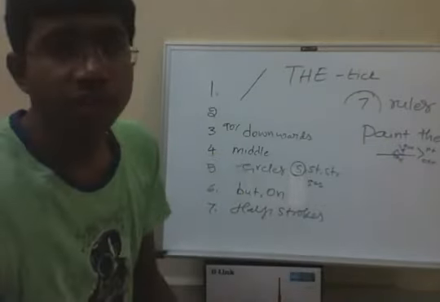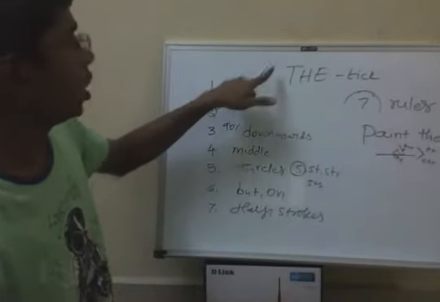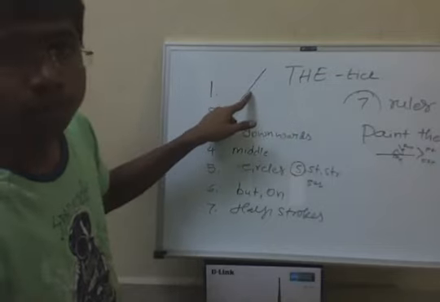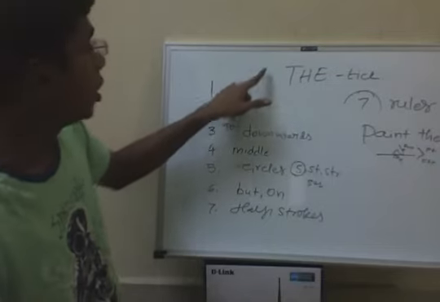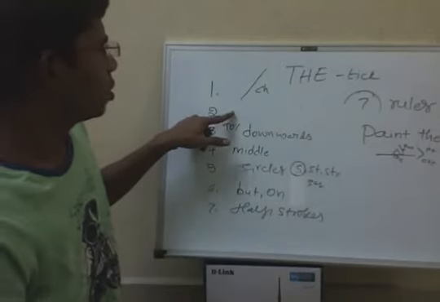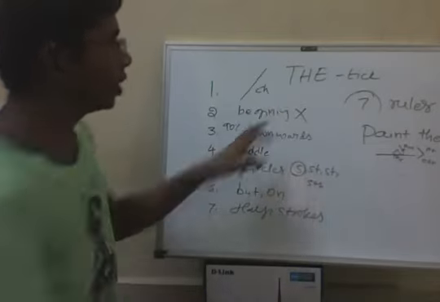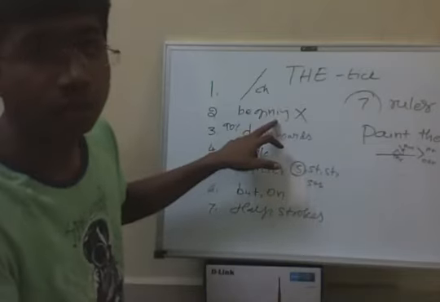So that's it about the THE tick and the 7 rules. The first rule is it will be written always top to bottom, 90%, and it always represents CH. And the second one: it is never written at the beginning of the word.